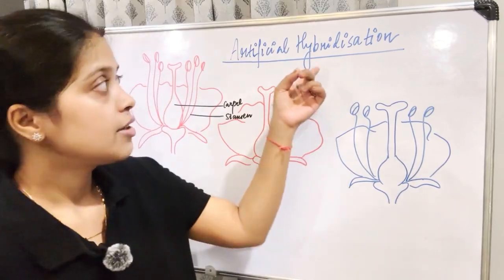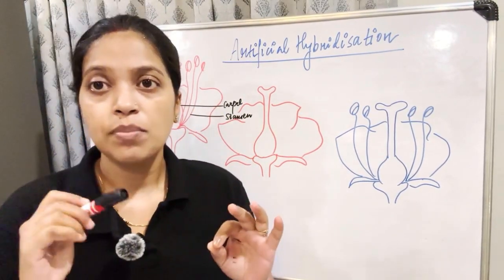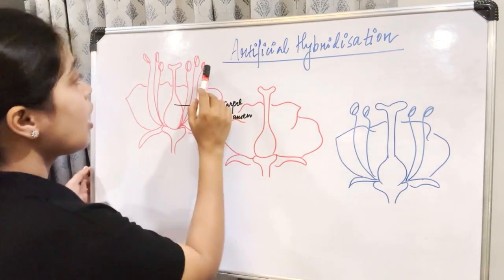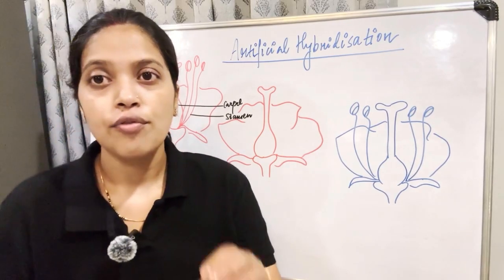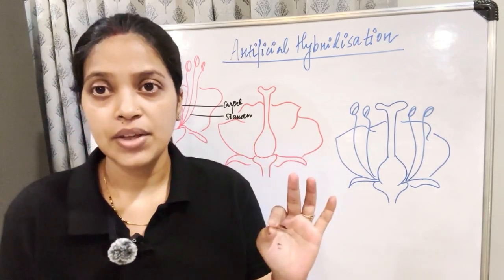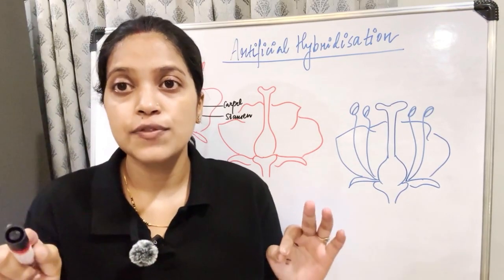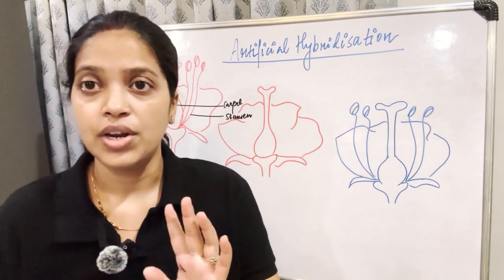So what is artificial hybridization? Artificial hybridization is a process in which pollen is collected from a selected parent and then manually transferred to the stigma of another female parent.